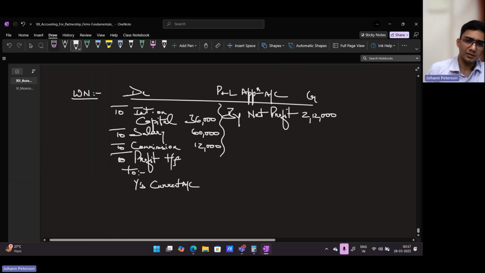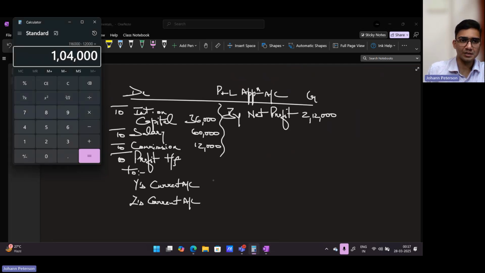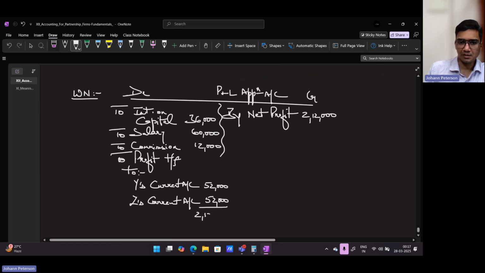Here we are going to give this 1,04,000 to Y and Z's current accounts. If we give each of them half, half of 1,04,000 is 52,000 and 52,000. This gives a total of 2,12,000 and 2,12,000.